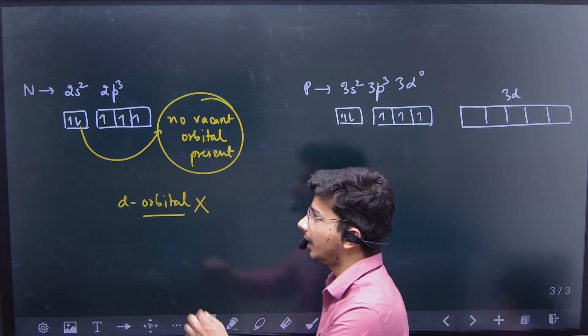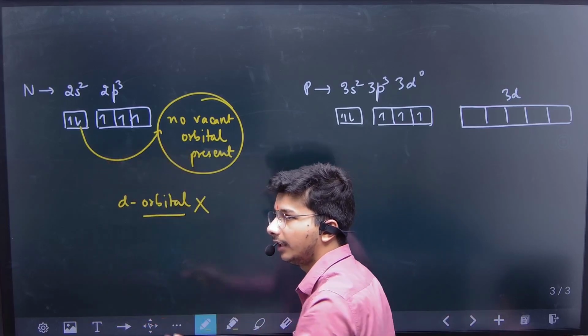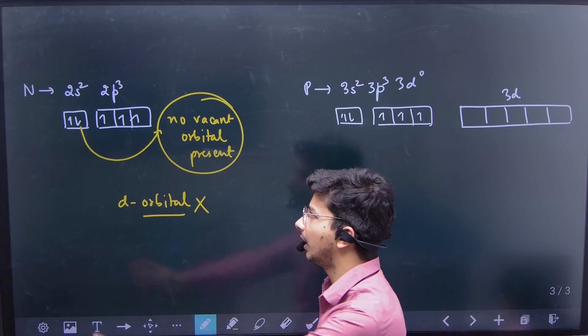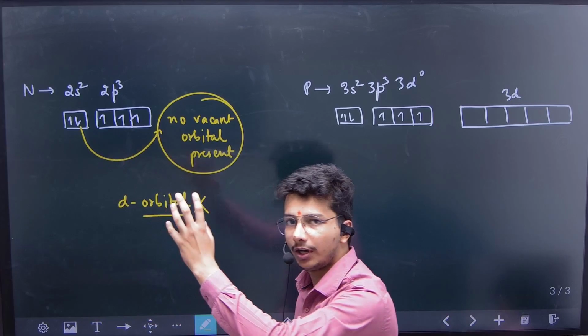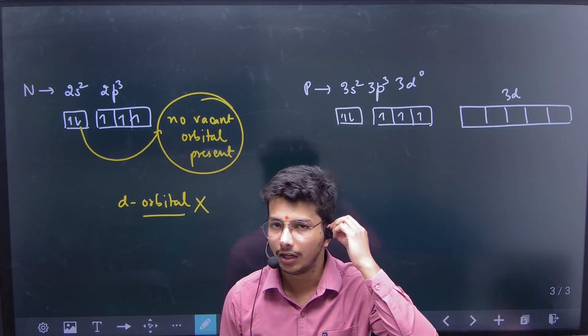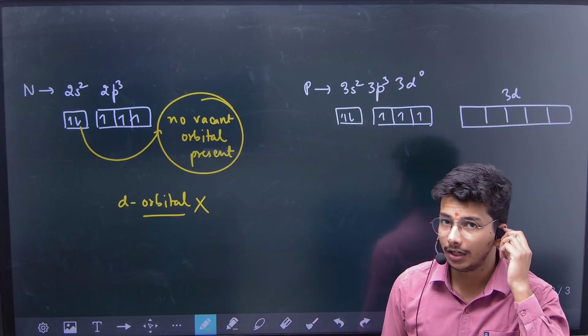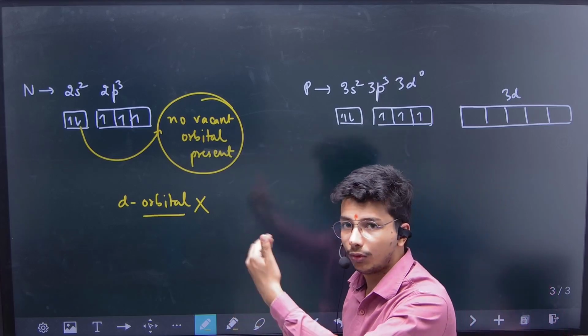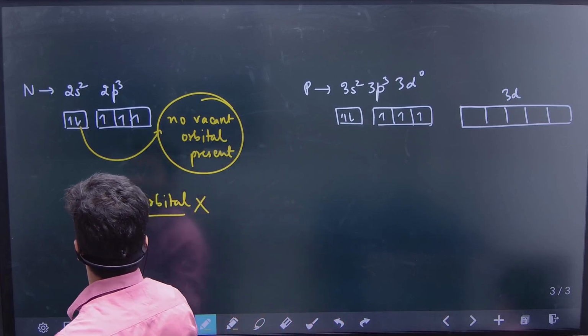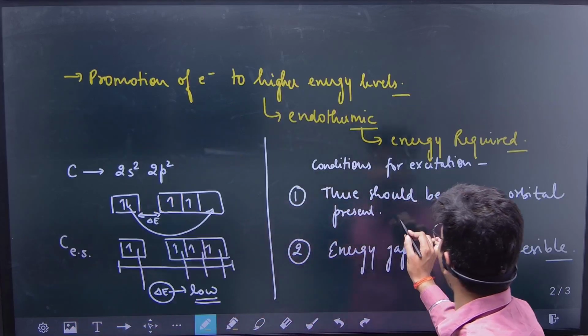Hence, there cannot be any excitation taking place in case of nitrogen. So the excited state of nitrogen will also look like this only. It will form bonds in this configuration only, because there are no orbitals available for the electron to go to a higher energy level. That's why no excitation, because the primary condition was the availability of vacant orbitals.